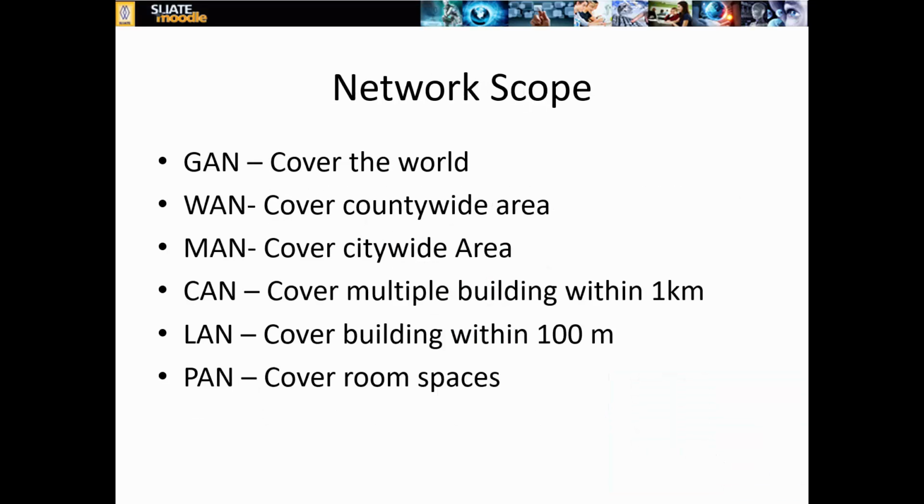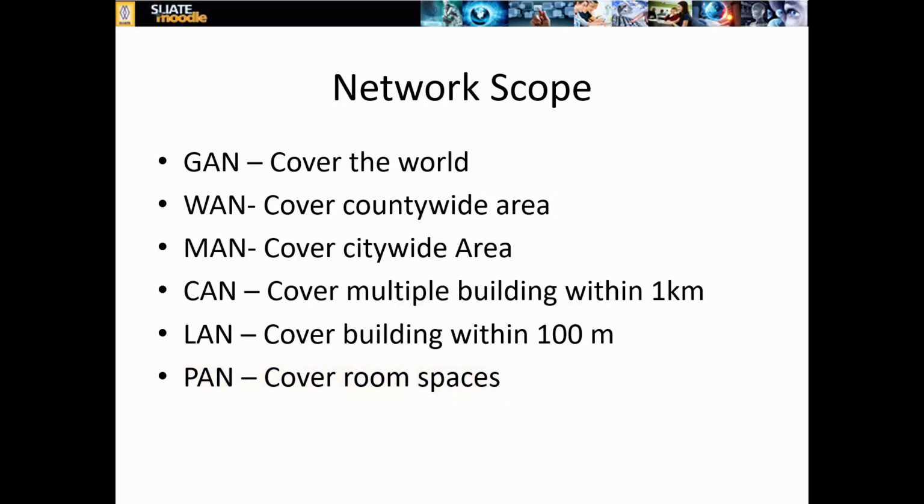And finally, we have come to the categorization of networks based on their scope. Here we have six categories: GAN, which means Global Area Network; WAN, which means Wide Area Network; MAN, which means Metropolitan Area Network; CAN, which means Campus Area Network; LAN, which means Local Area Network; and finally PAN, that means Personal Area Network.